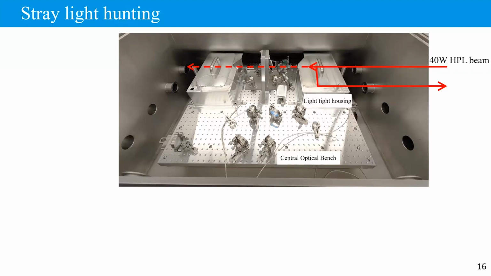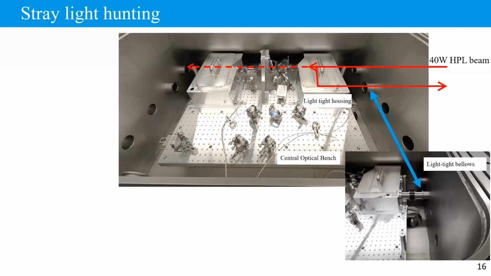To minimize the effect of stray light, we use light tight housing for some crucial components, which is shown here. Furthermore, to reduce the effect of the stray light of the HPL beam, we also use light tight bellows, which connect the flange to the light tight housing.